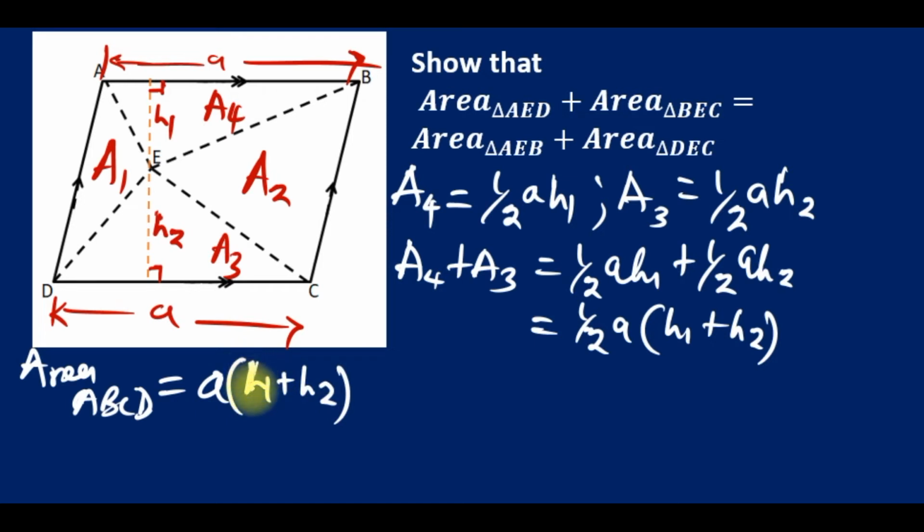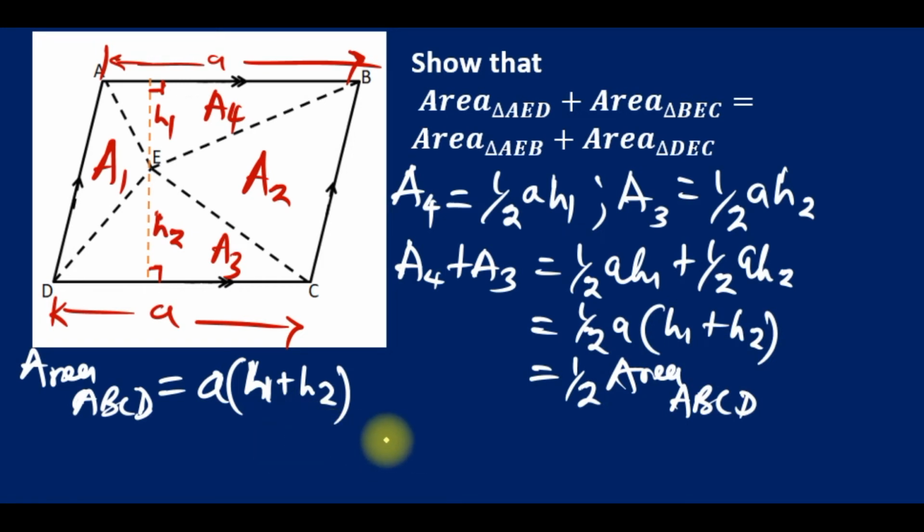That's the height of the parallelogram. So we'll replace A times H1 plus H2 with the area of parallelogram ABCD.